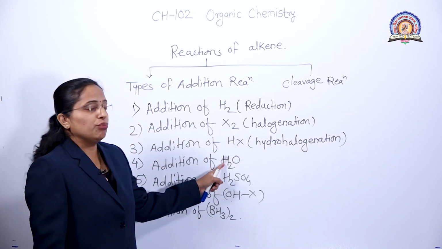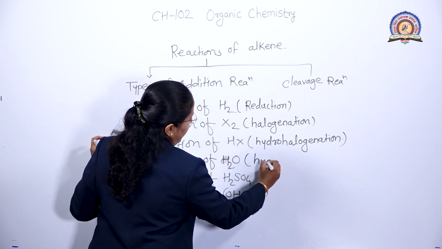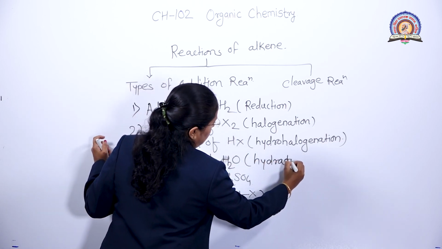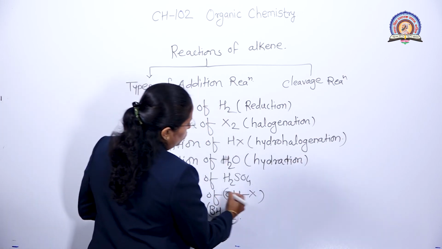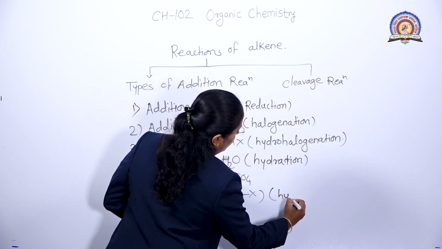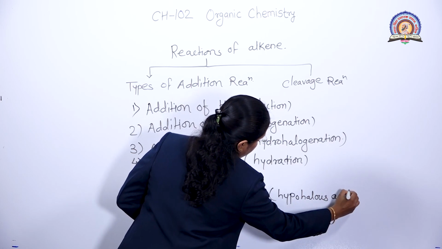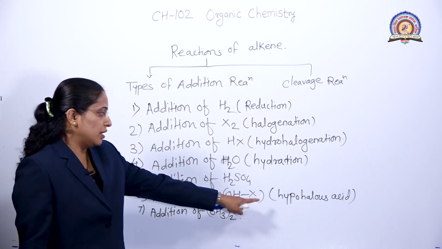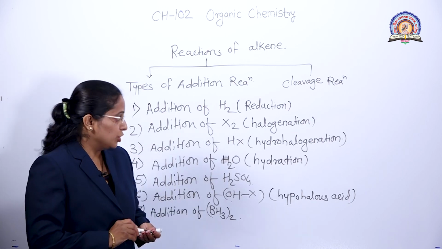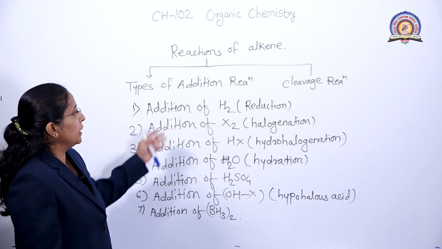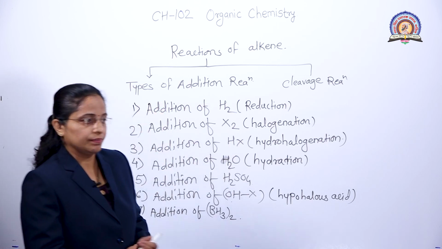Then the addition of water molecule in carbon-carbon double bond is called hydration reaction. Then OHX is called hypohalous acid formation reaction, which is nothing but the addition of OHX. So by these 7 ways we explain the addition reaction. One by one we discuss the reactions.